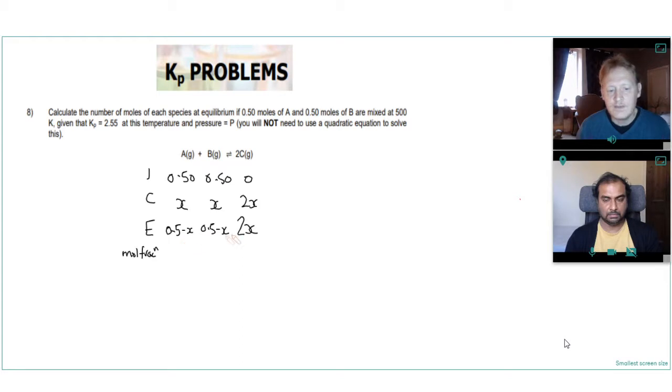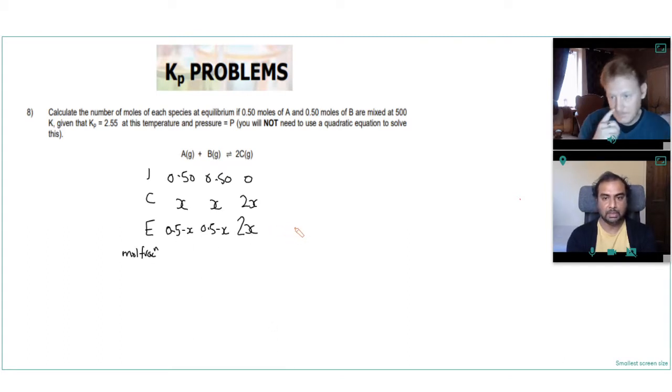So what would our total number of moles at equilibrium be if we added that row of equilibrium moles up?